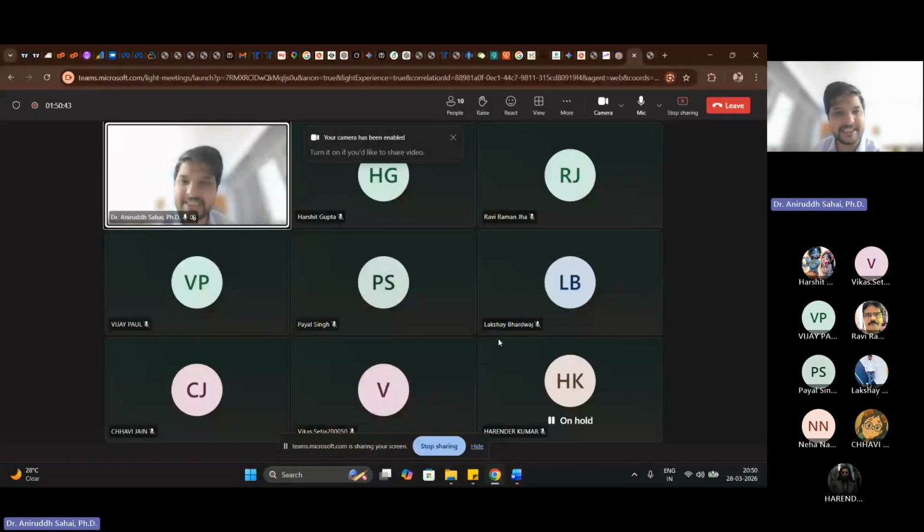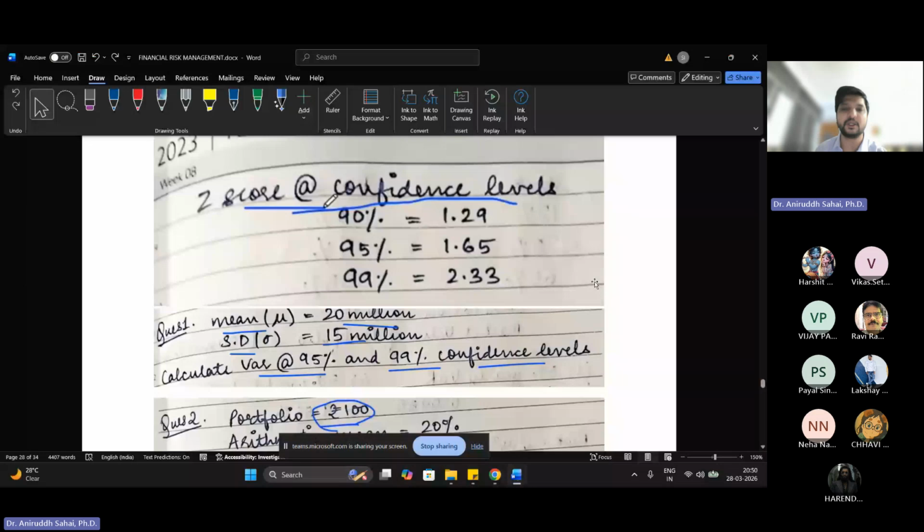Sometimes we are not able to sleep at night because of the risk that is there, because we may have a minus 20% return, minus 30% loss. We are not so worried about a plus 20% jump in our profitability. So when we are considering this subject, financial risk management, we'll only be more concerned about the negative side of things, not the positive sides.